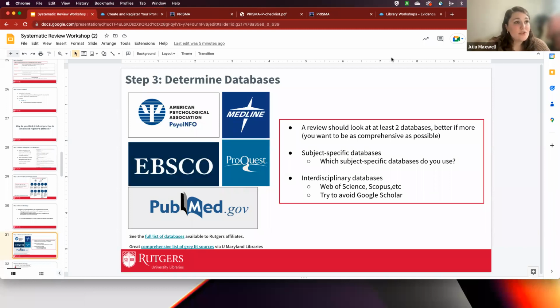But Google Scholar is run by Google, so it uses an algorithm to sort its results. And because Google is a private company, that algorithm is kind of a black box. It's not possible to really know how they're sorting things. So if you have to use it, use incognito mode and log out of your account. But even then, sometimes it does weird things because they're watching us at all times.